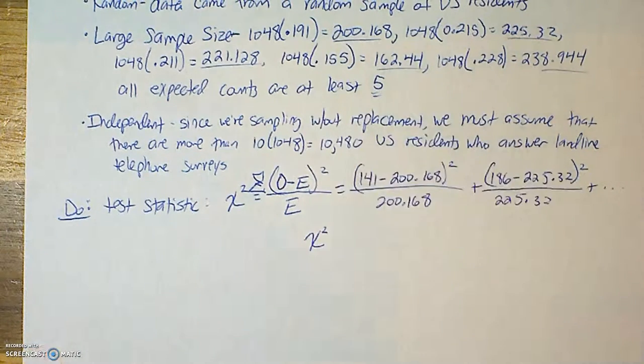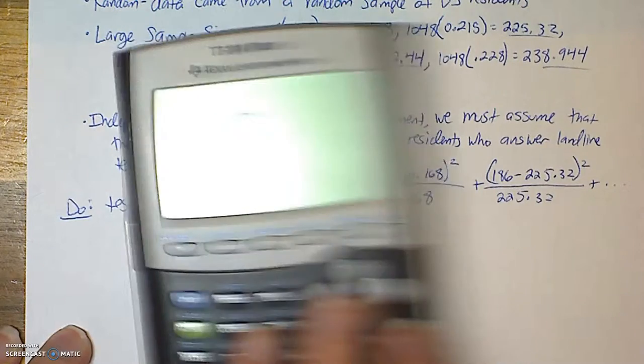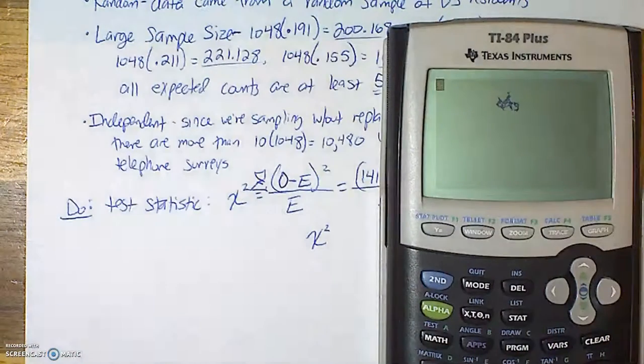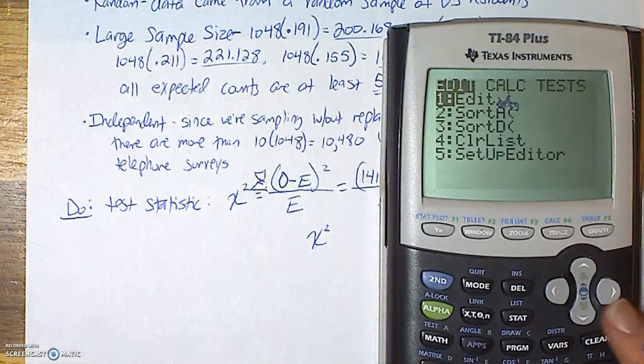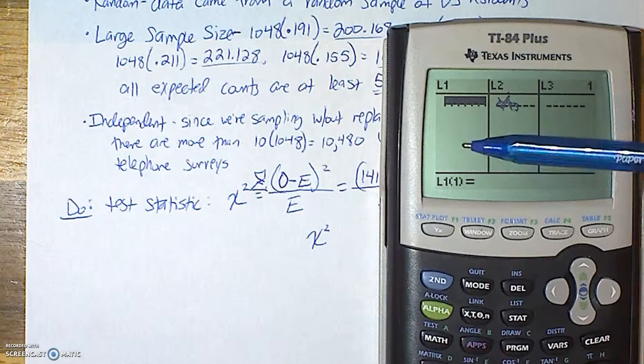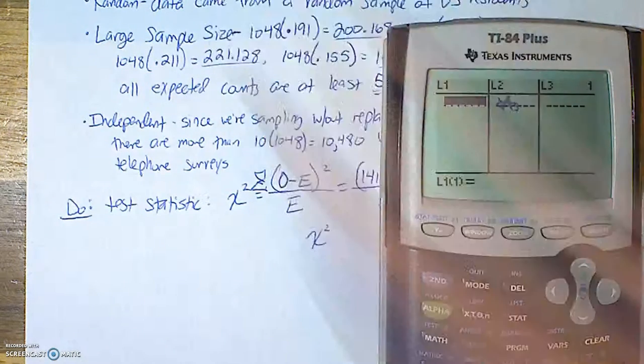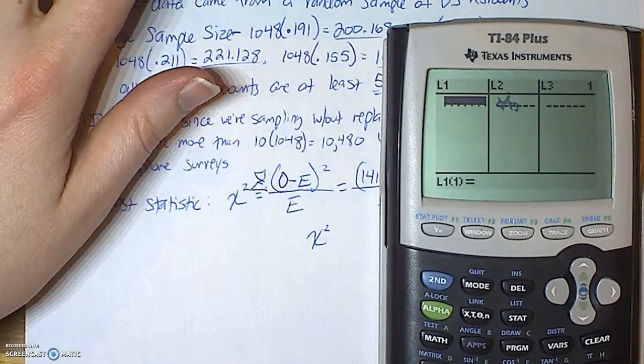All right, it's okay to do this because we can let our calculator figure it out for us. So what I'm going to do in my calculator is I'm going to go to my lists, make sure they're all cleared out. I'm going to put my observed in list 1 and my expected in list 2.